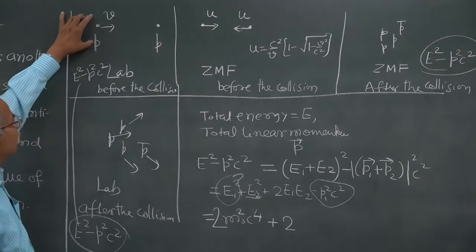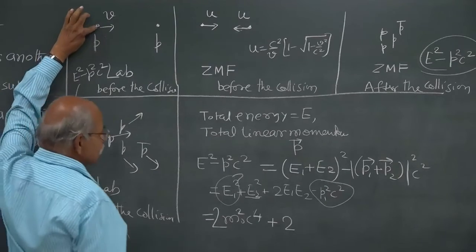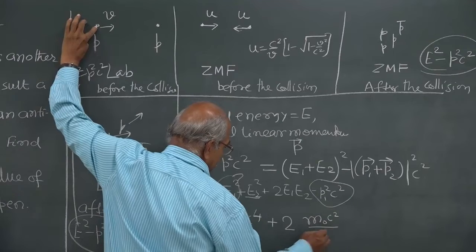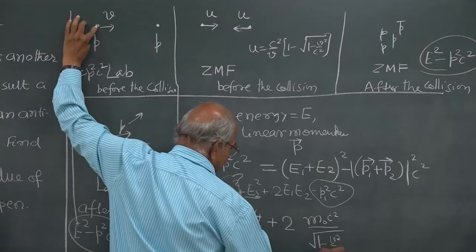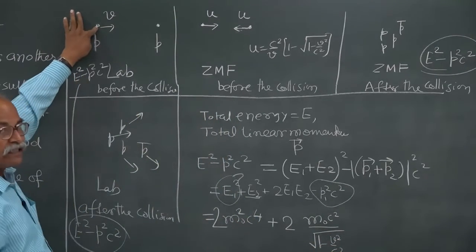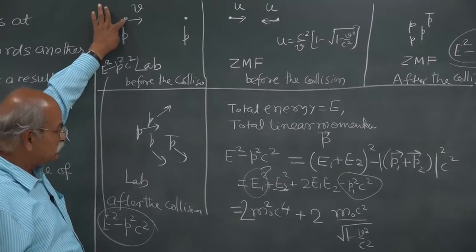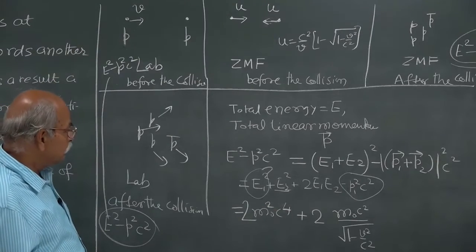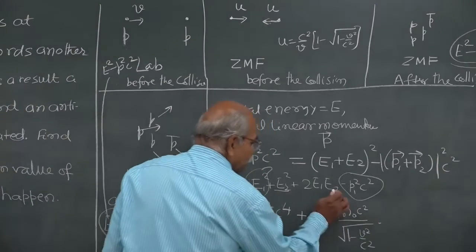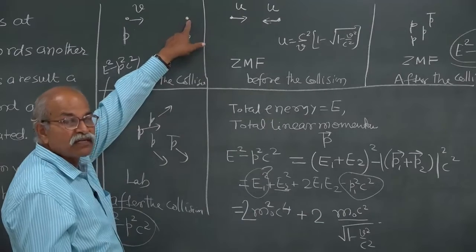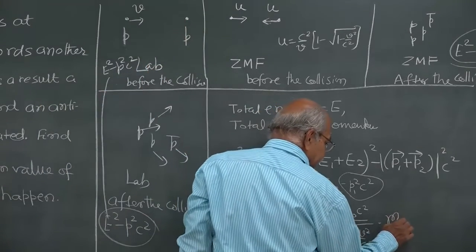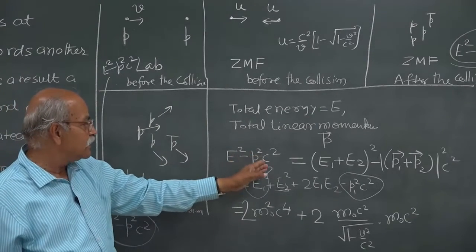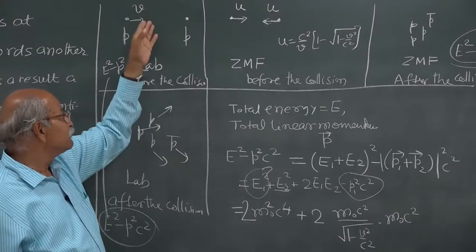So, I am looking here at the lab frame before the collision, E1 here is m naught C square divided by square root of 1 minus V square by C square. Remember, total energy is m naught C square times gamma. So, for this particle m naught C square times gamma is this, and then into E2, and E2 is the total energy of this particle, which is just m naught C square. So, this is the value of E square minus P square C square before the collision seen from the lab frame.